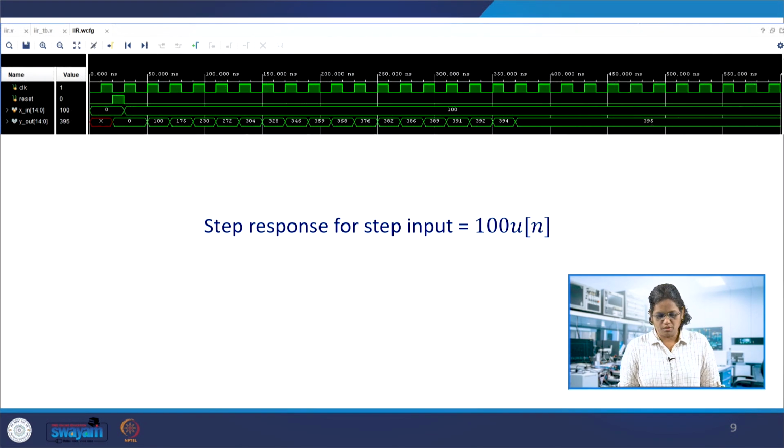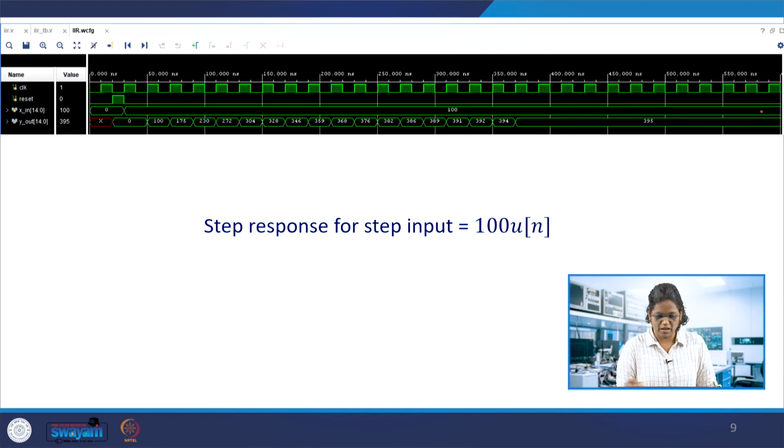For the step response, same code, same lossy integrator. You can see that it is increasing. The integrator is reset at this point, input is 0, after that it is made 100. It starts giving values from here and keeps increasing, integrating over here, but because of the word length effect, it saturates at 394.